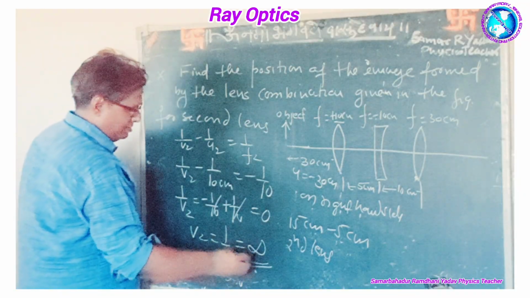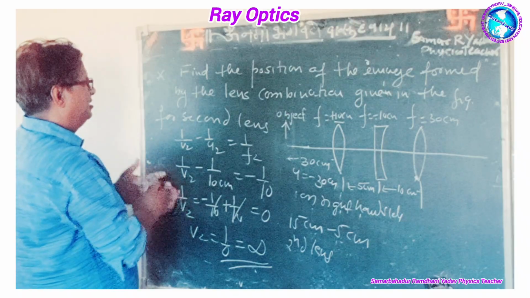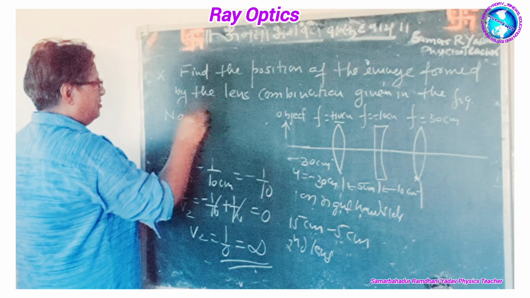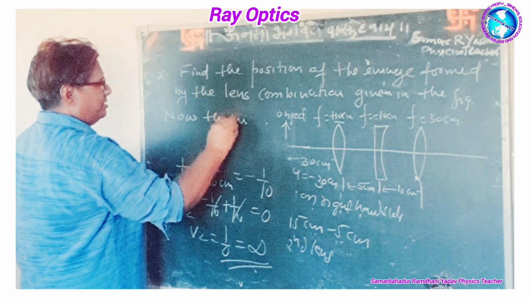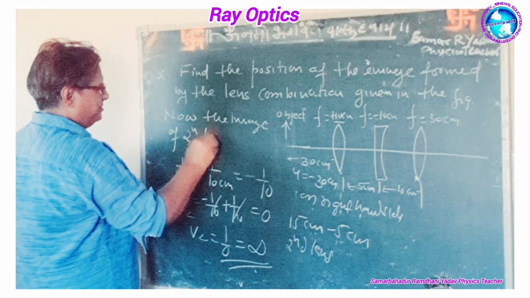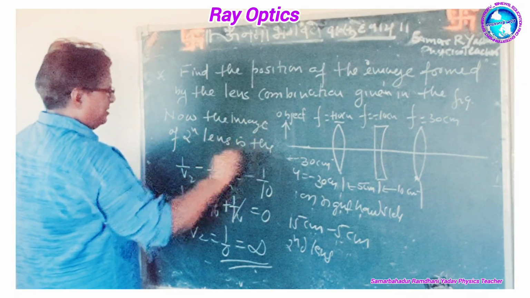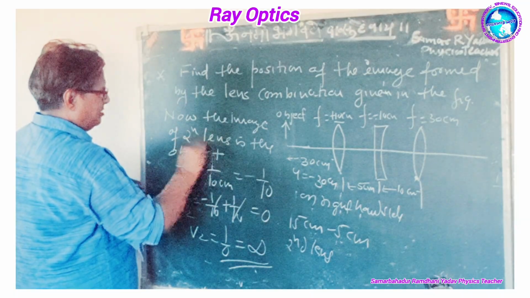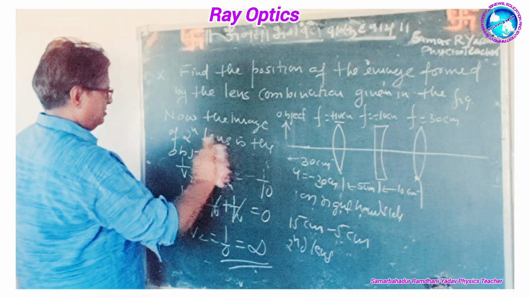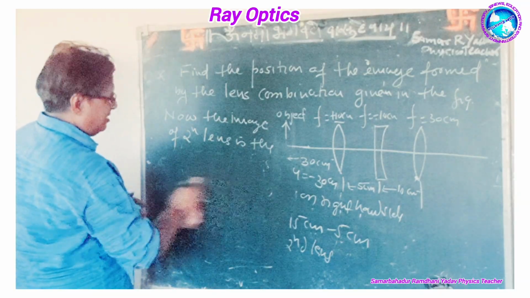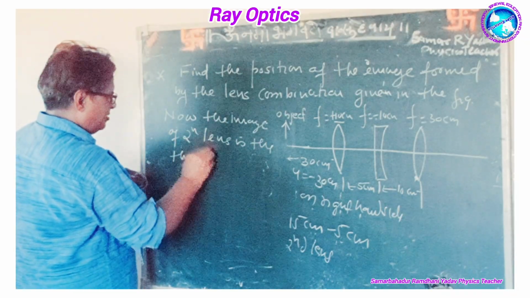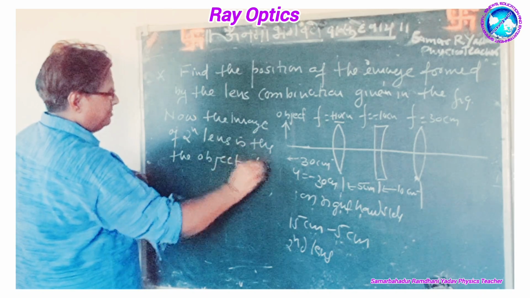Now the image of the second lens is the object for the third lens.